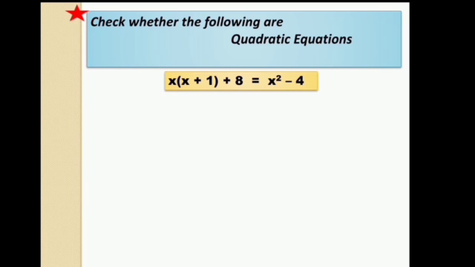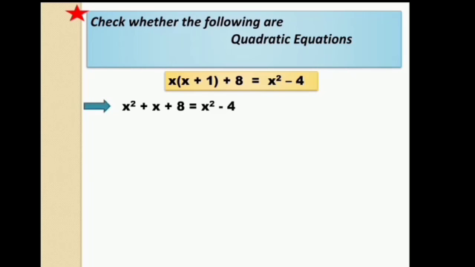First question is x into x plus 1 plus 8 equals x square minus 4. We have to check whether this is a quadratic equation or not. For that, we will simplify this and convert it into standard form. When we open the bracket, we get x square plus x plus 8 equals x square minus 4.